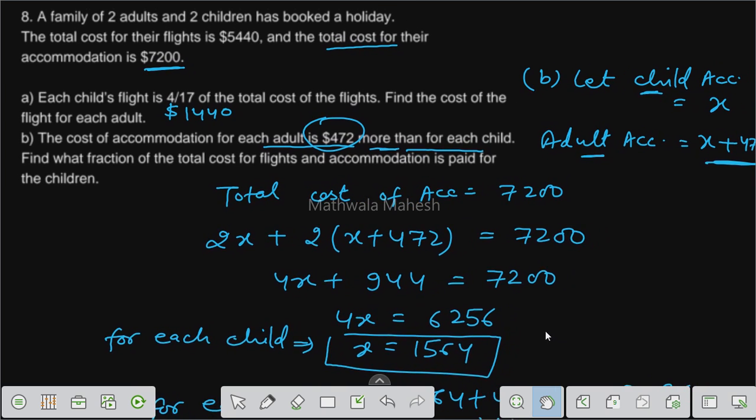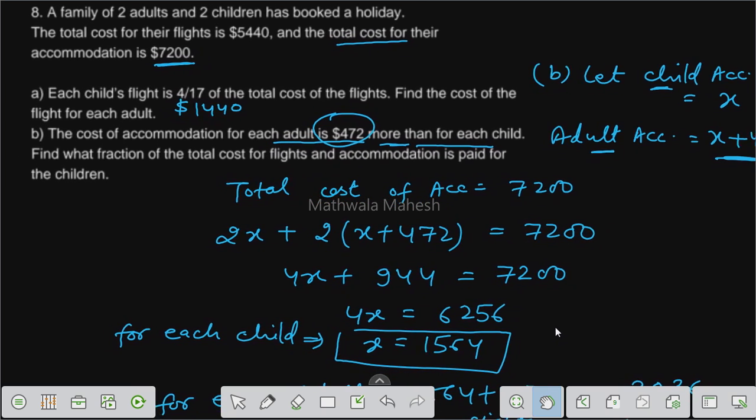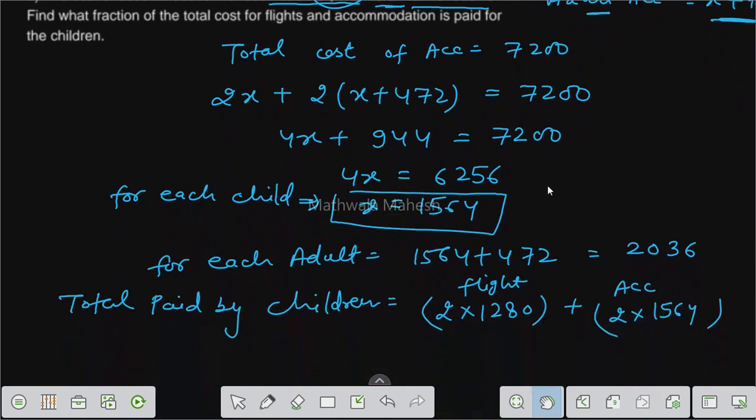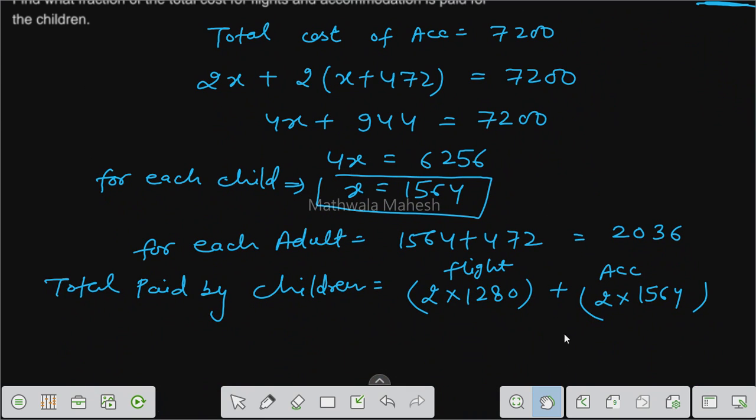In the last question we found 1280 for one child's flight, and for accommodation this one is 1564. So the total cost is 5688. This is for the children.